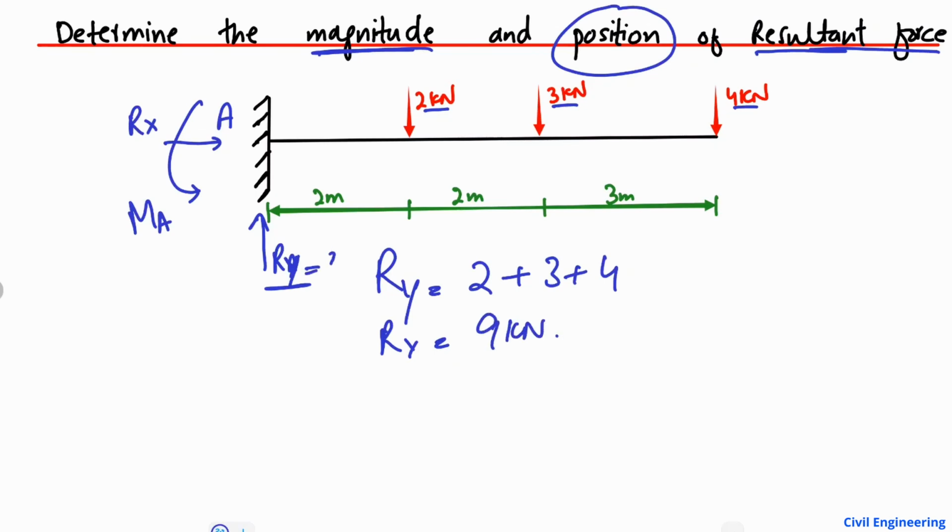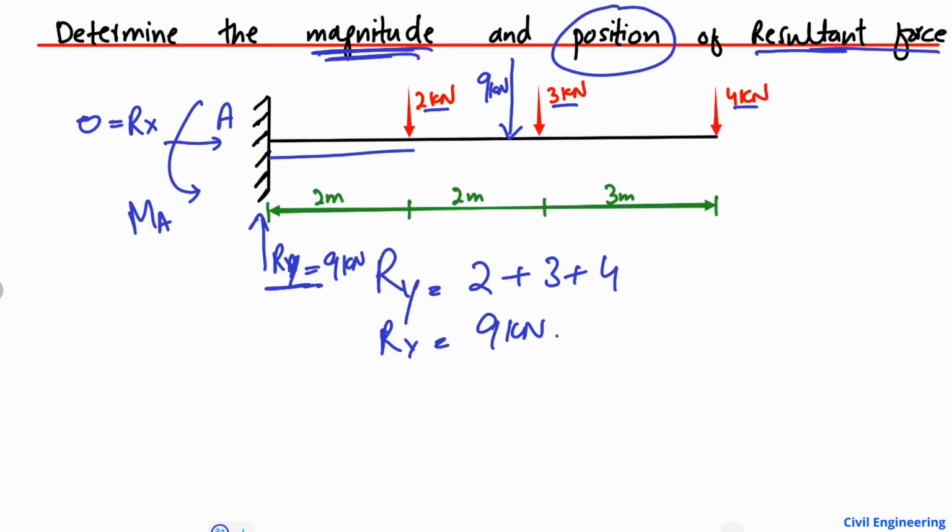So it means 9 kilonewton is the support reaction here, and this Rx is equal to 0 because there is no horizontal load acting on the beam. So we find out the magnitude of the resultant force is 9 kilonewton, and now this force will act somewhere at this point. We don't know. So this is 9 kilonewton. So this is the magnitude of the load.